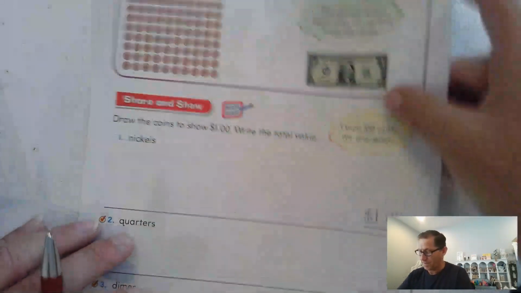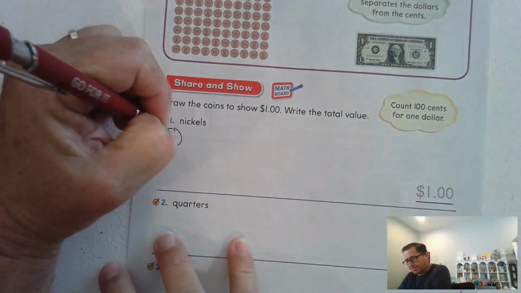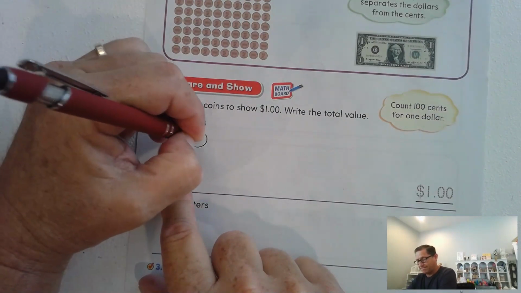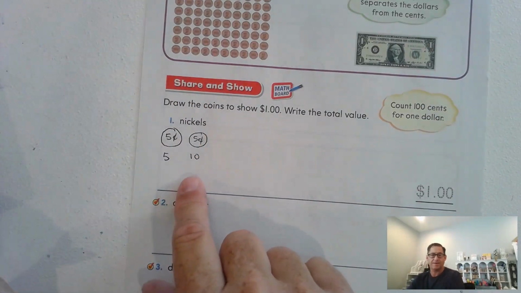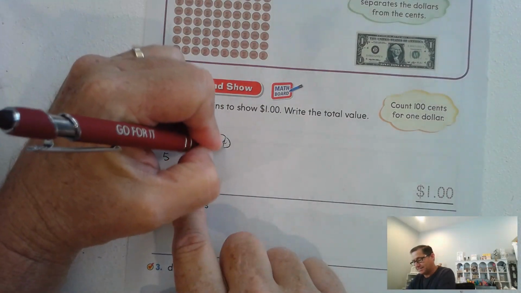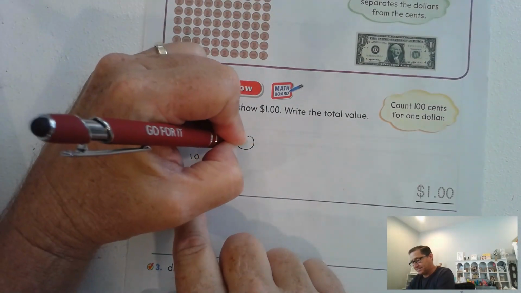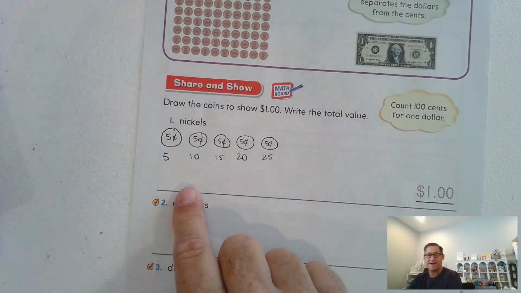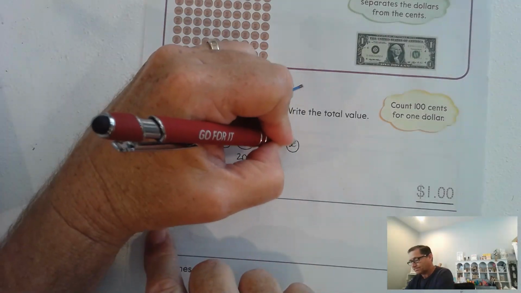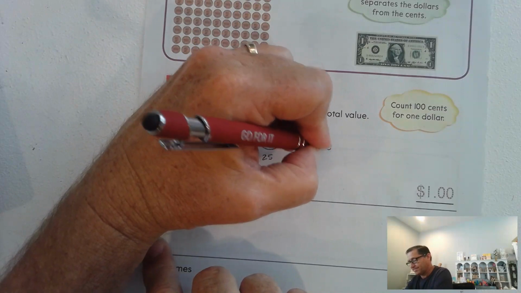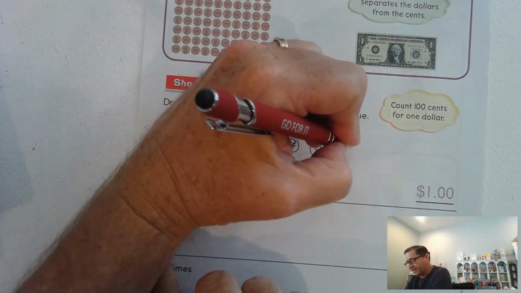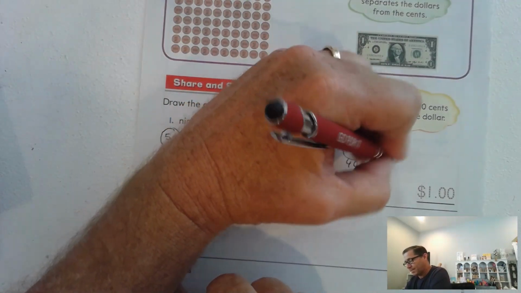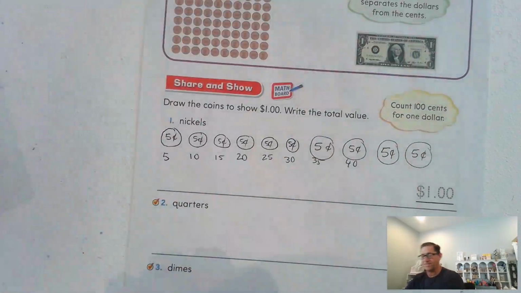Let's use nickels, and count as we put them down. 5, 10 cents, 15 cents, 20, 25 cents, 30, 35, 40, 45, 50.